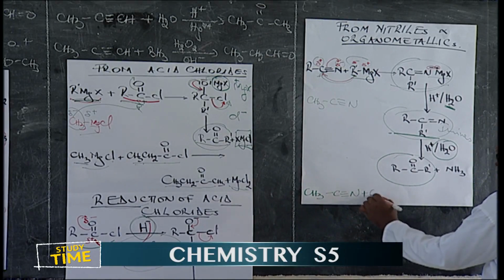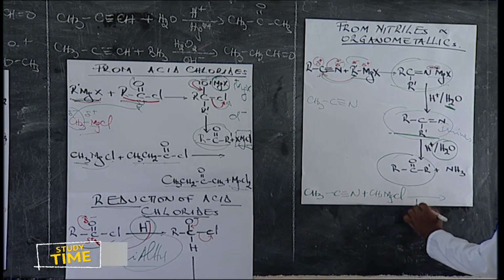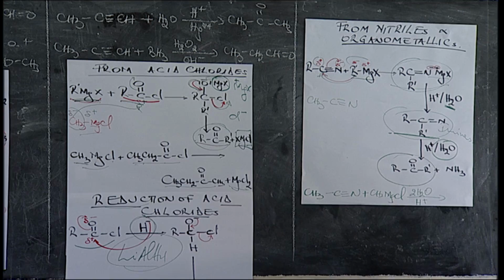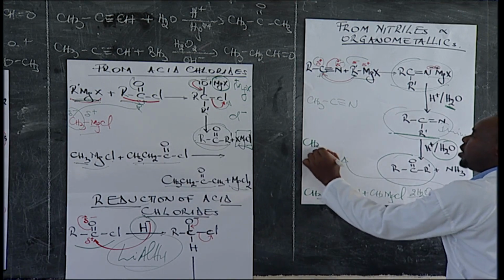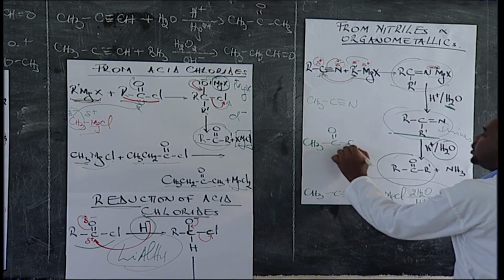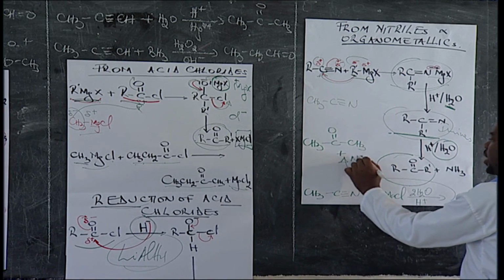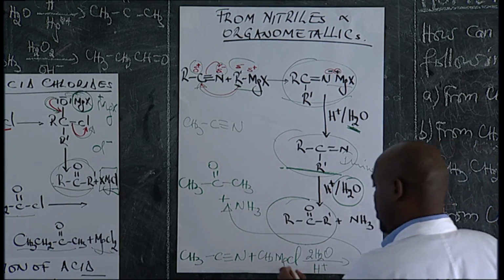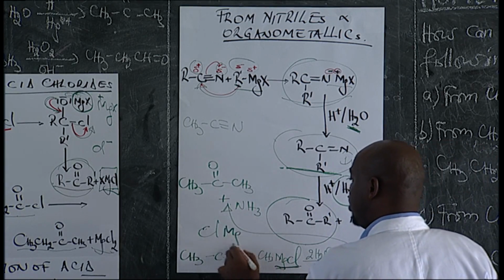If it reacts with CH3MgCl, for example, and we work in acidic medium, we use 2 moles of water, what will be produced? We will produce a ketone, and the ketone will be this one, CH3COCH3. It's very simple, plus NH3, and some other byproducts like ClMgOH.